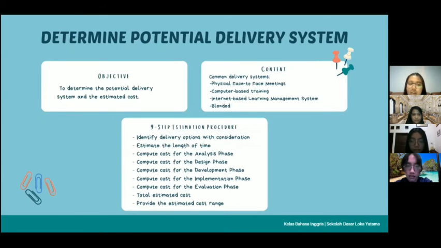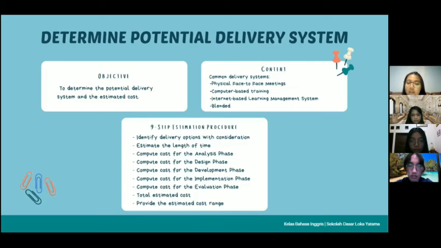Okay, the fifth step is to determine the potential delivery system. The objective is to determine the potential delivery system and the estimated cost. In this phase, we evaluate the different instructional delivery systems and recommend the best options that have the greatest potential to close the performance gap.